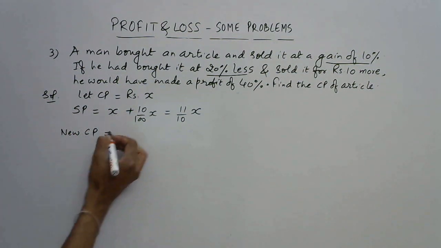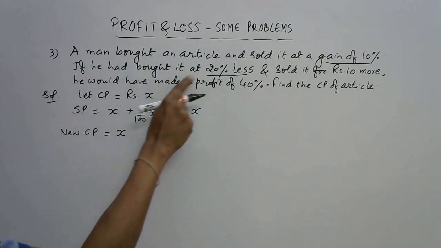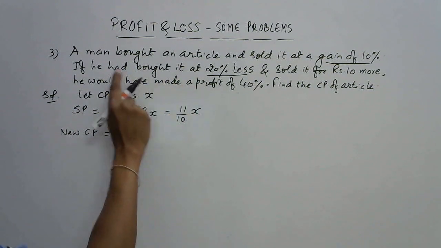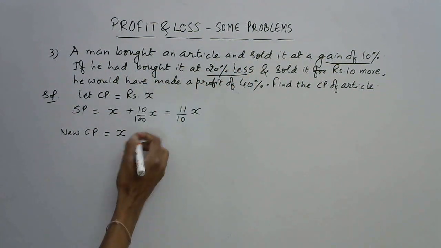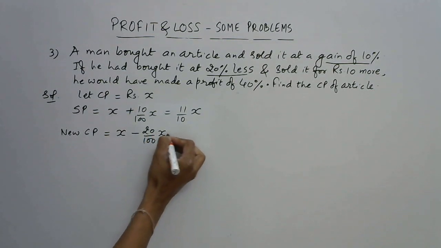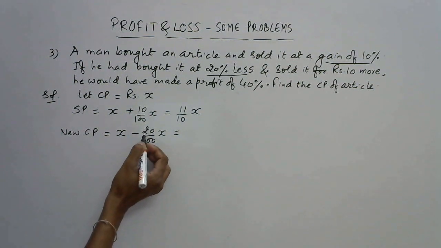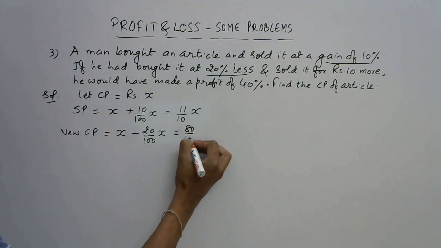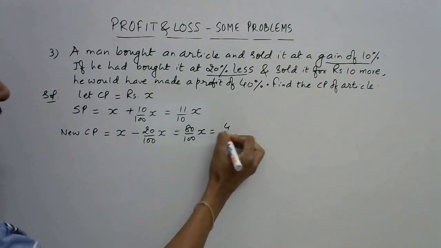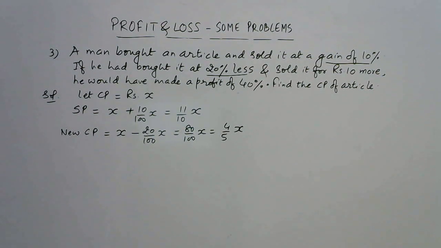Original cost price is X, but here we are saying that he bought it for 20% less, so minus 20% of X. So this is the new cost price, 20% less than the previous one. This will come out to be 80 upon 100 x, that is 4 upon 5 x. So this is the new cost price.